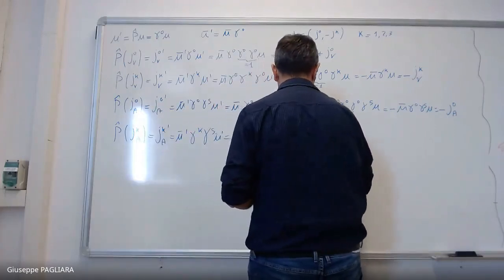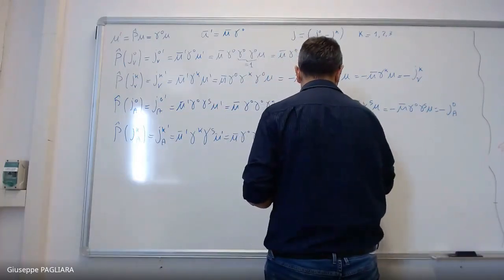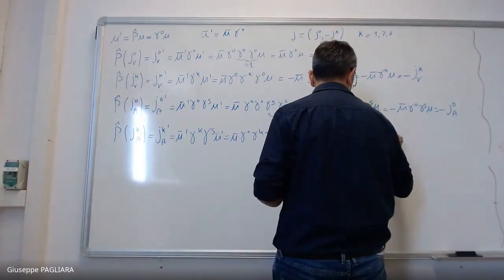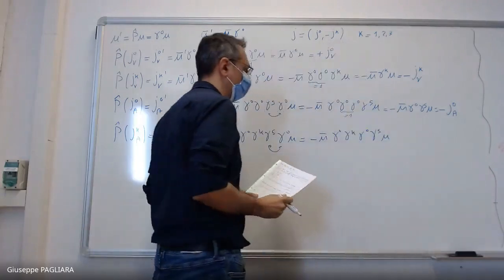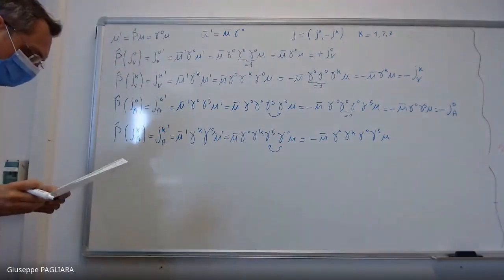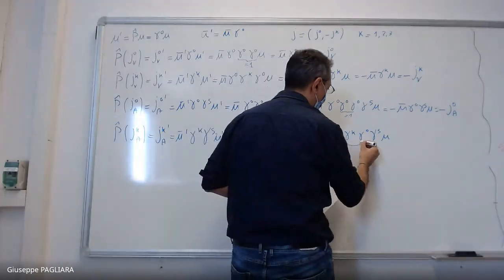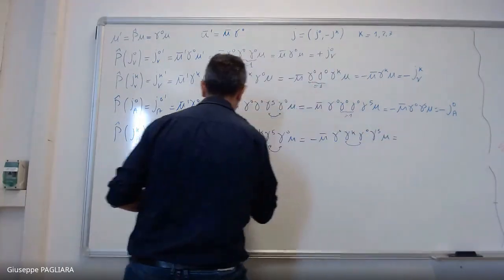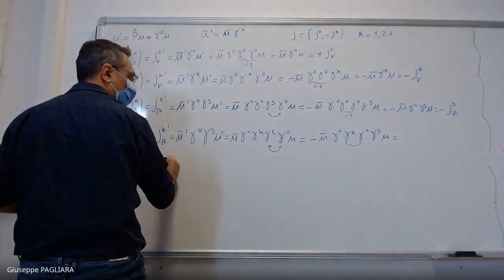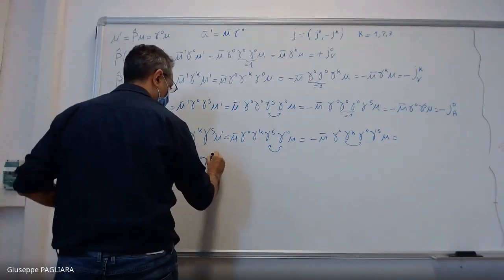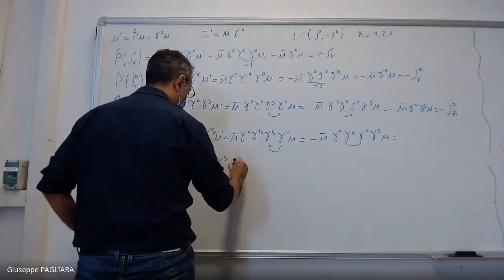We get minus ū γ⁰ γ^k γ⁰ γ⁵ u. Let's now swap those two here. So we get another minus sign. So we get a plus sign now. ū γ⁰ γ⁰ γ^k γ⁵ u.